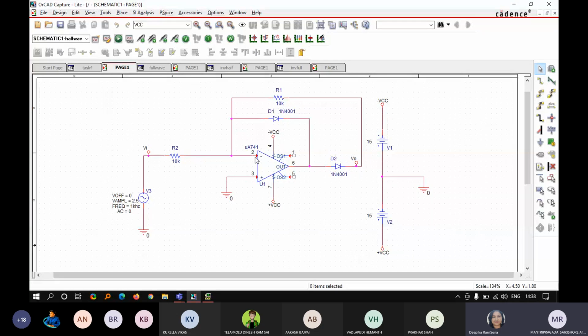You are going to design with the help of the op-amp and diode concept, right? Yes, ma'am. If we are using one diode, it is a precision rectifier. If we are using two diodes, it is a half wave rectifier along with the op-amp. For the sinusoidal waveform at the positive half cycle D1 will conduct, D2 will not conduct.